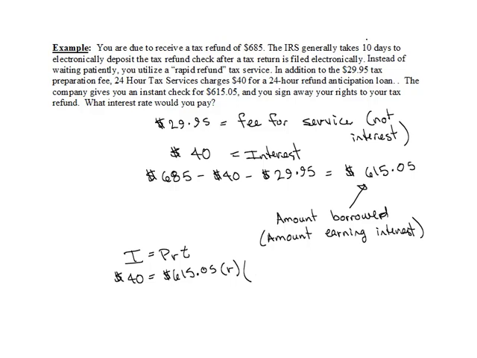Well, when would we have gotten the money ourselves if we had not borrowed it? We would have gotten it in 10 days because that's how long the IRS takes to send the money. In other words, they will be repaid in 10 days when the IRS sends out the refund. And so this is 10 over 365.